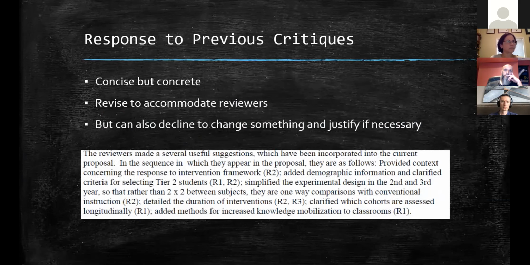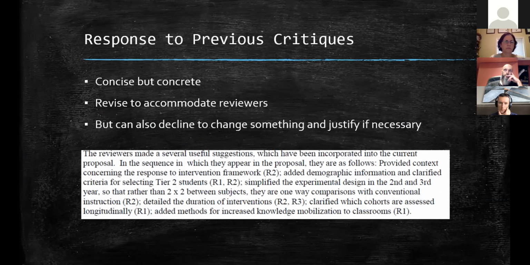Response to previous critiques. The earlier speakers have mentioned this. Something I would add is the space for responding to previous critiques is quite brief, and there's not really room to describe a sort of internal dialogue with them. So the way I've done that in the past, for example with this proposal I got most recently, it had previously been rejected.